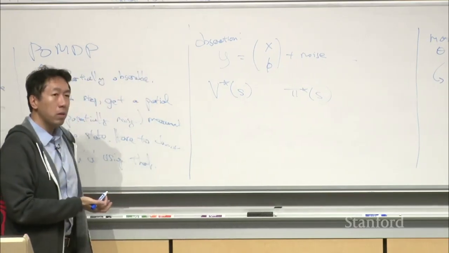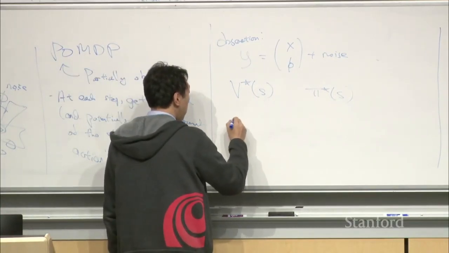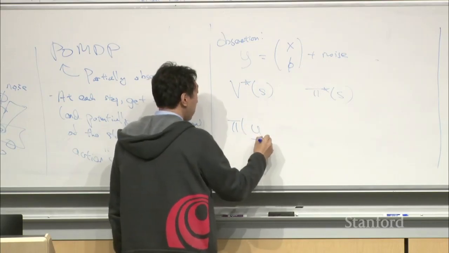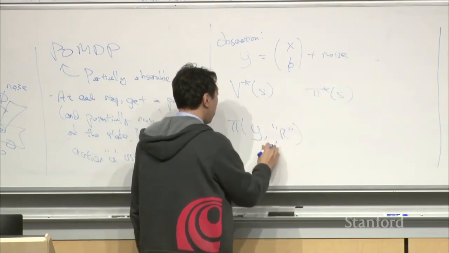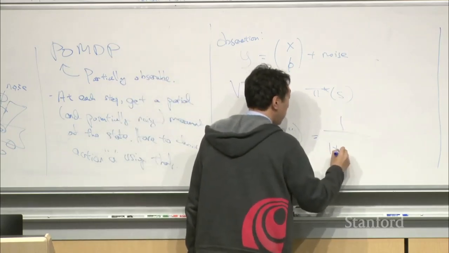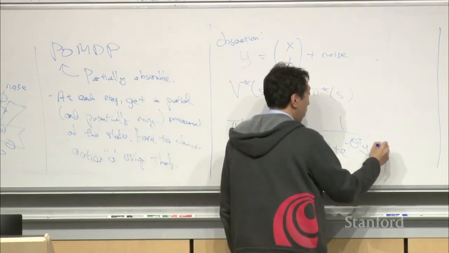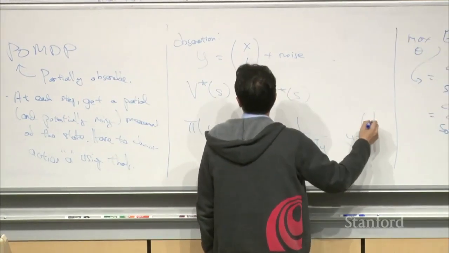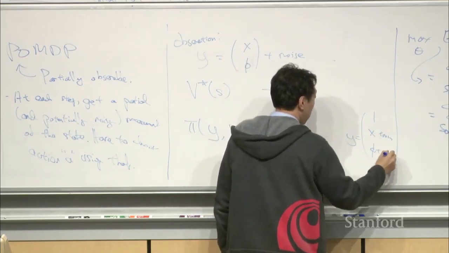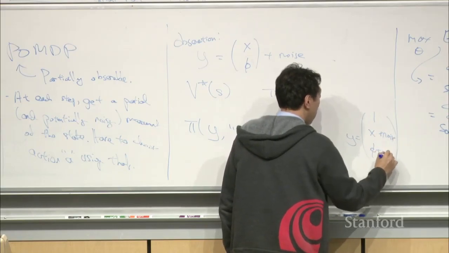If you're using direct policy search, then here's one thing you could do, which is you can say that pi of, given an observation, the chance of going to the right, given your current observation, is equal to 1 over 1 plus e to the negative theta transpose y, where y can be (1, x plus noise, phi plus noise), right?